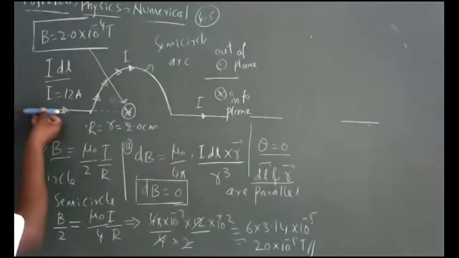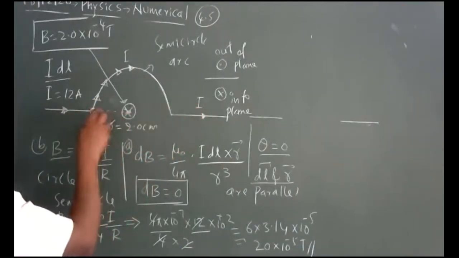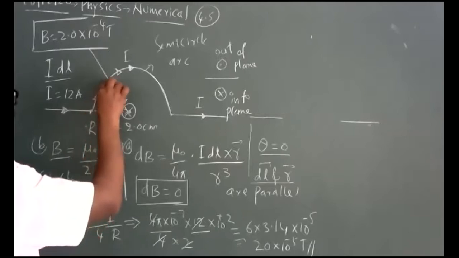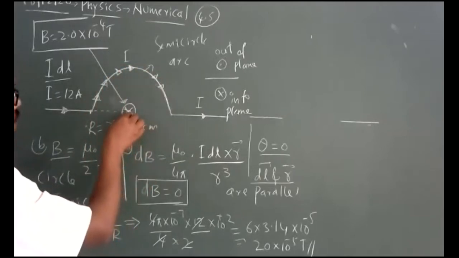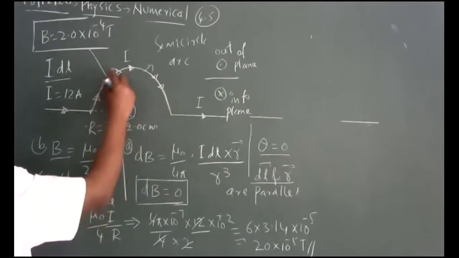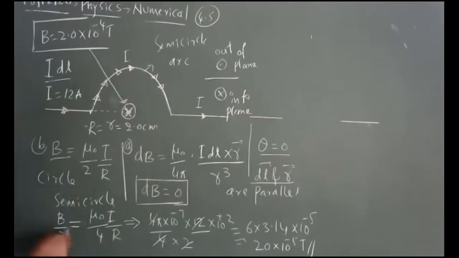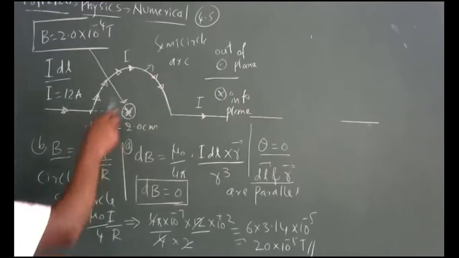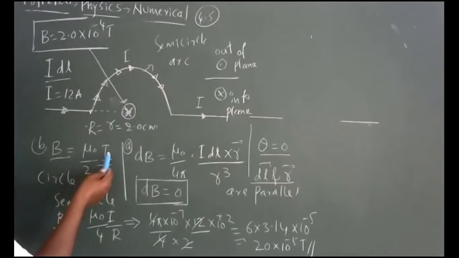Means because of the current here, this contribution to the magnetic field is zero, this contribution is zero. Whereas from here, whenever current starts flowing in the semicircular part, all the magnetic field due to this element, you go on chopping this whole semicircle into small parts, all will get added up and it becomes half of the circle's magnetic field, because if you have a circle, the magnetic field is given by B equal to mu 0 I upon 2R.